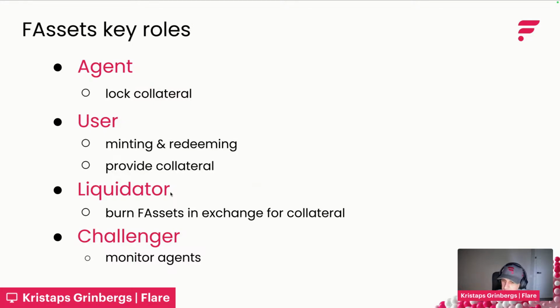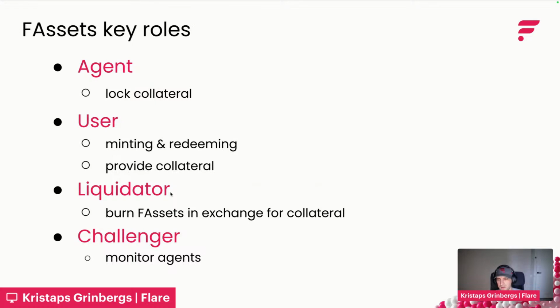And then there are challengers. Those are, I would say, the police, and they monitor agents in case something illegal happens. Everything in the FAsset system basically works such that every transaction needs to be verified or checked. So challengers see if all the transactions the agents are doing are correct. They see, okay, this transfer to the user is the correct address.